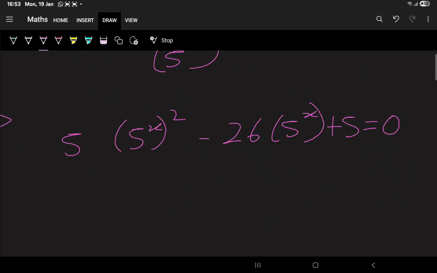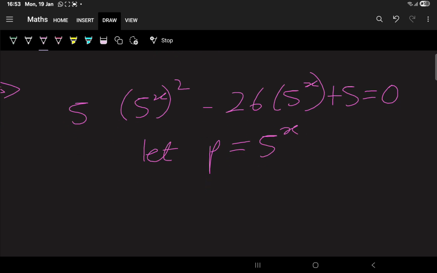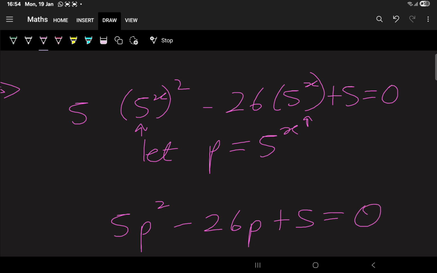Now, again, I'm going to choose any alphabet to equal 5 to the power of x. The alphabet I'm choosing is p, equal to 5 to the power of x. So this is going to be 5p squared, putting p in place of this and p in place of this, then minus 26p plus 5 equals 0.